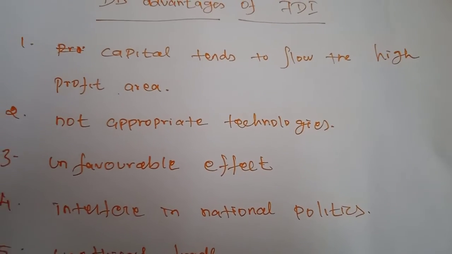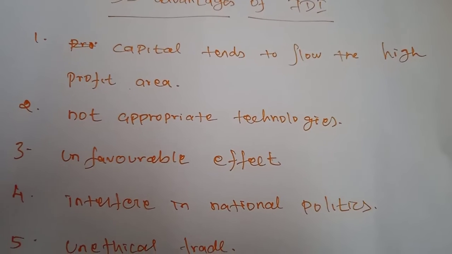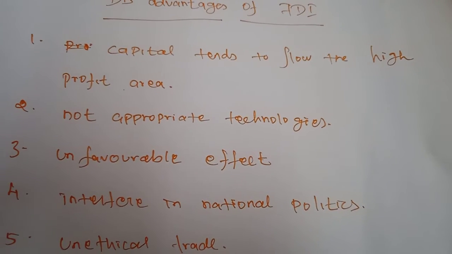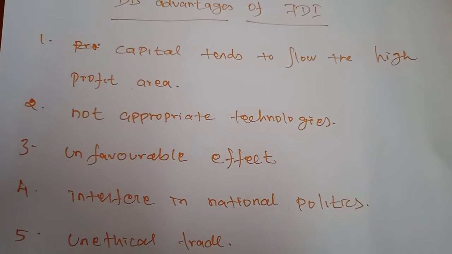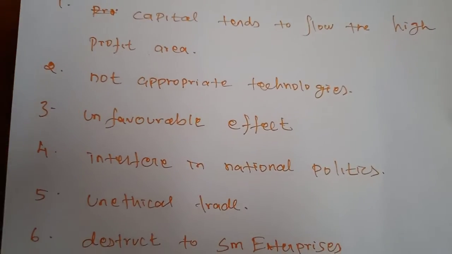If you are allowing foreign direct investment, the investors will never invest in the priority sectors. They will invest only in the areas which are more profitable. Next, not appropriate technologies.